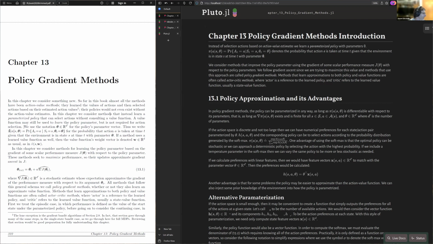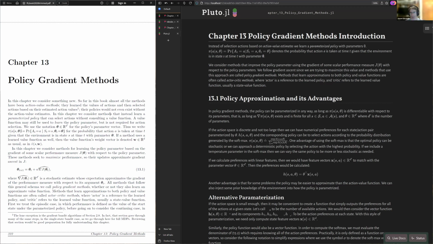But the policy function just tells you, given a state-action pair, what is the probability of taking that action? The way it's written, and what we will continue with in this chapter, is that the state-action pair is taken as a combined input to the policy function.